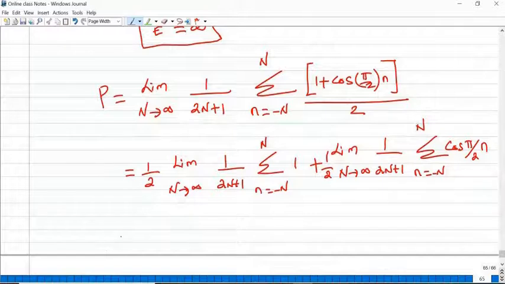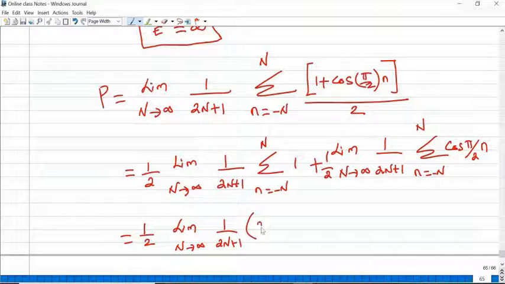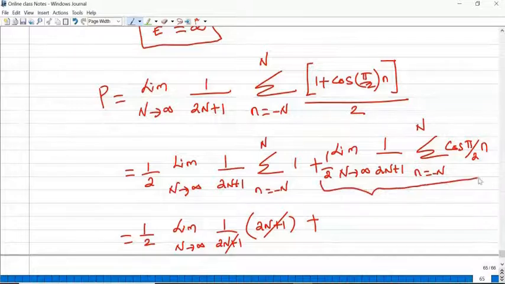So in the first step, 1 by 2 limit n tends to infinity, 1 divided by 2n plus 1. This term is 2n plus 1, so this 2n plus 1 and 2n plus 1 will be cancelled. Second step, you need not solve the problem by substituting this n value.